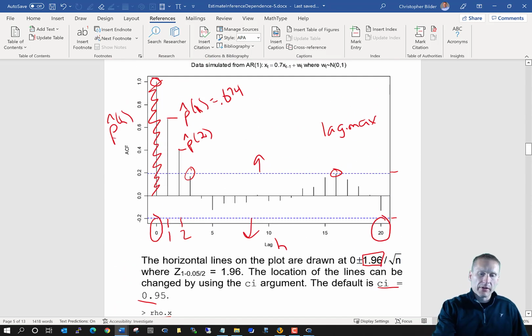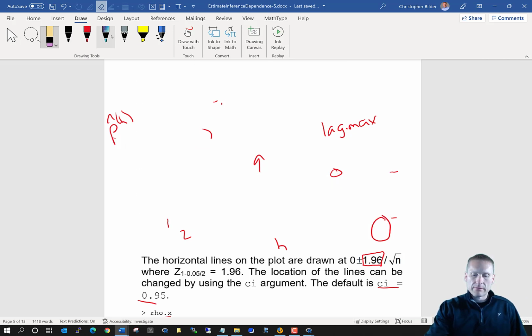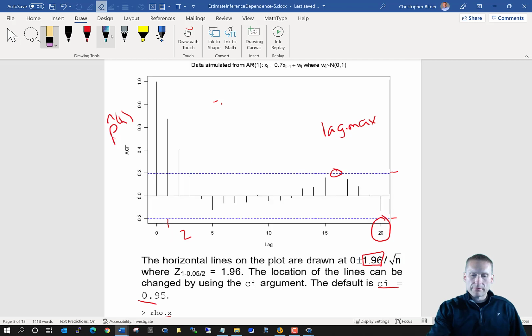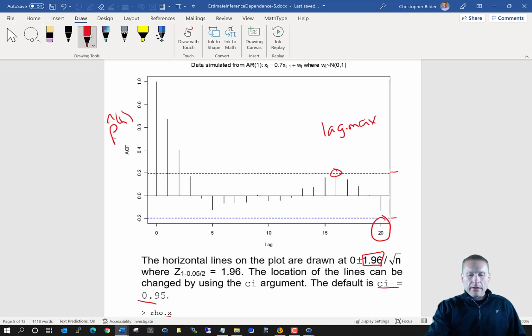Let me actually do a little bit of erasing as well to clear things up. Now notice the first autocorrelation that could be plotted, at least with respect to R's calculations, is at lag 0.